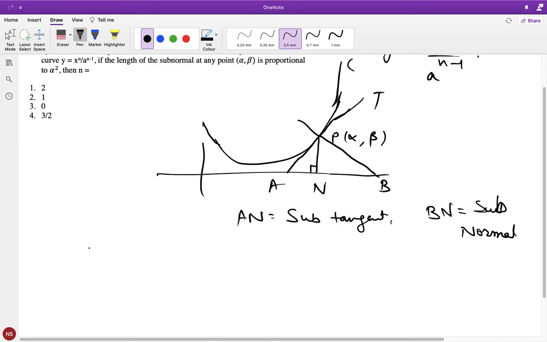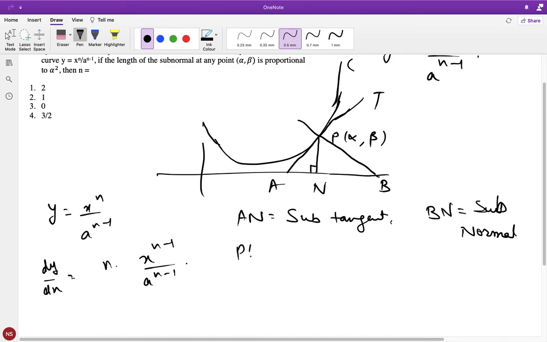So on the curve y = x^n / a^(n-1), what is dy/dx? It is n x^(n-1) / a^(n-1).